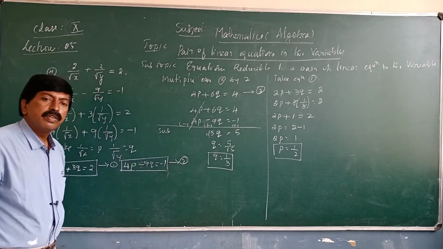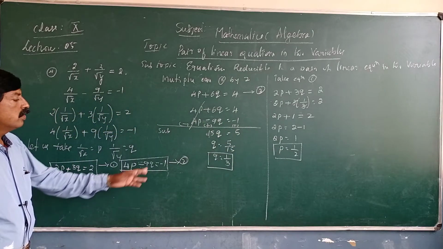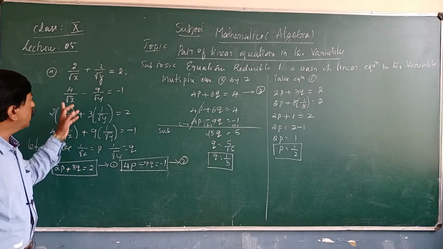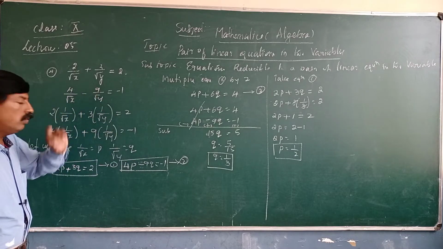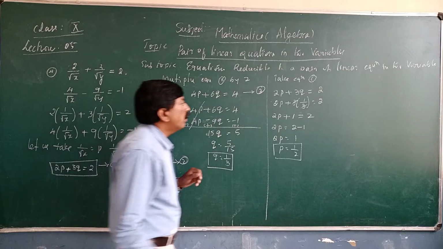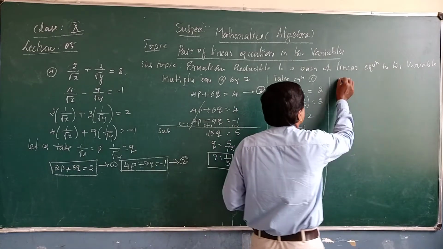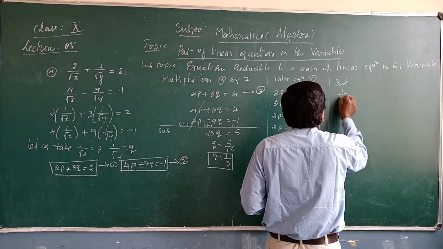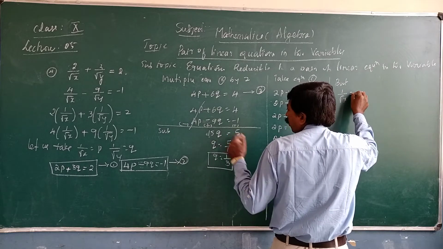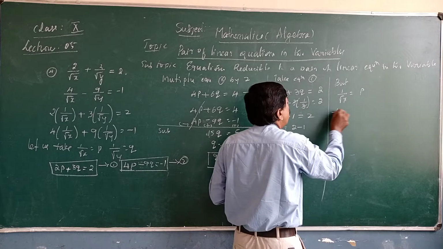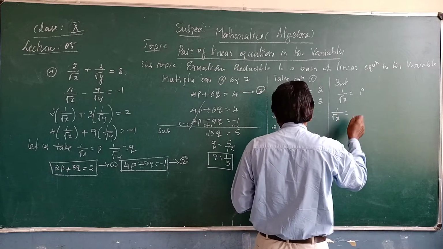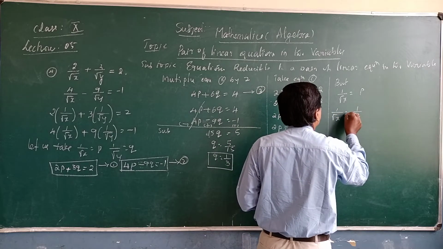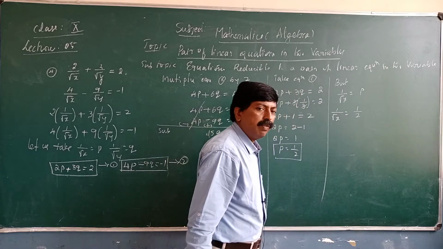We got p is 1 by 2 and q is 1 by 3. So using these two, you can convert back to x and y form. We have taken 1 by root x is equal to p, so 1 by root x is equal to 1 by 2. You can cross multiply.